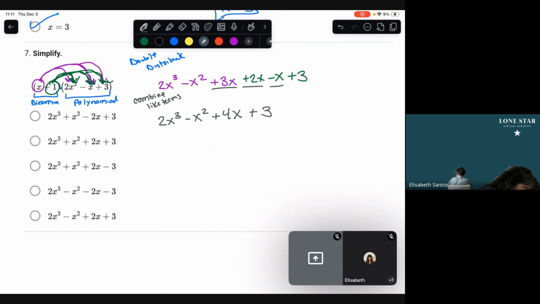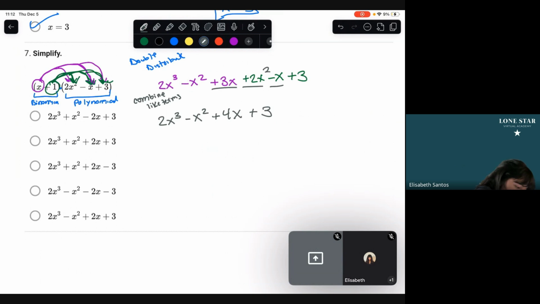What did I do? So we have 2x squared minus x squared plus 3x.